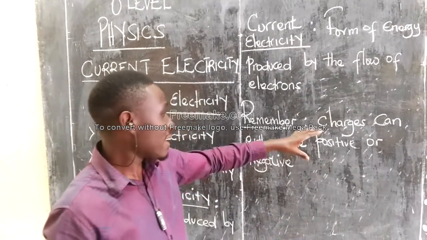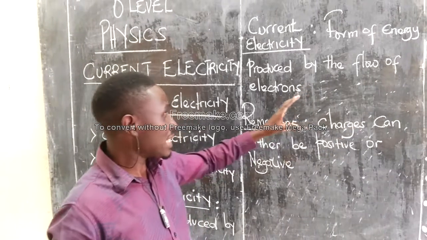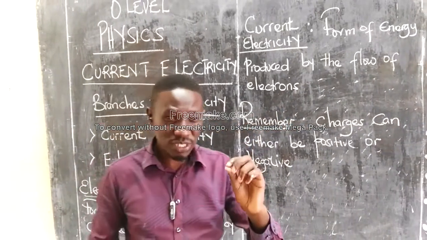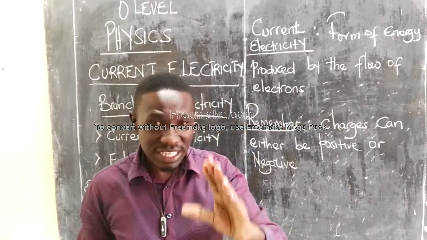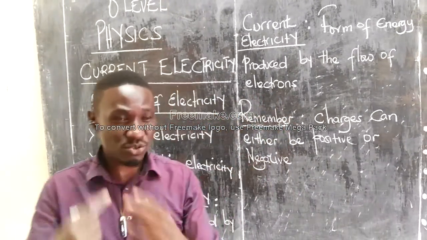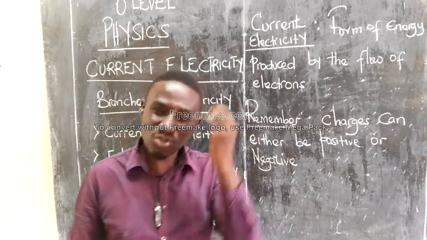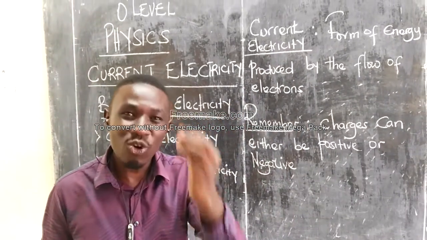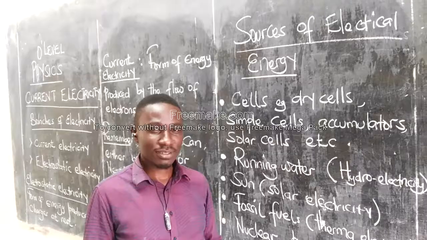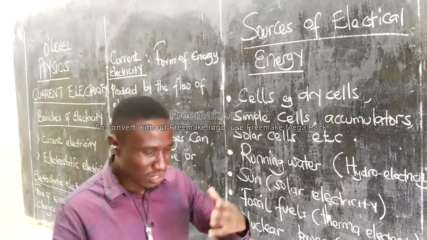But we shall cover that when we are looking at electrostatics. So therefore, members, you need to put a distinction between current electricity and electrostatics. Since our focus today is on current electricity, now let us look at sources of electrical energy.